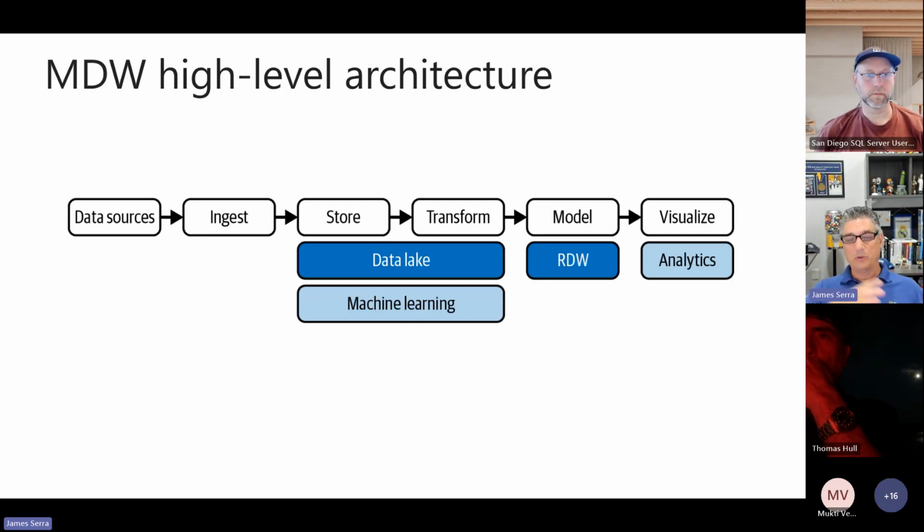In an MDW, you're first going to store the data in a data lake, which can be used immediately in many cases, and traditionally was used by data scientists for machine learning. I just want the data, don't clean it, just put it in there, and I'm going to go train my models on it. You also would clean that data and keep that cleaned data stored in the data lake. Now this gets into data lake design, a subject outside of this.